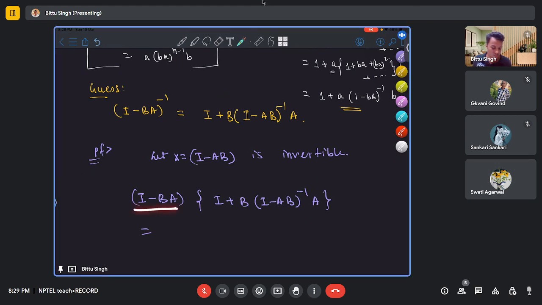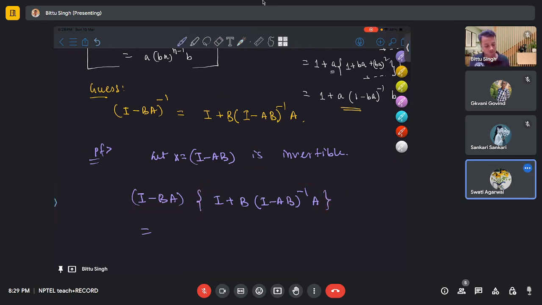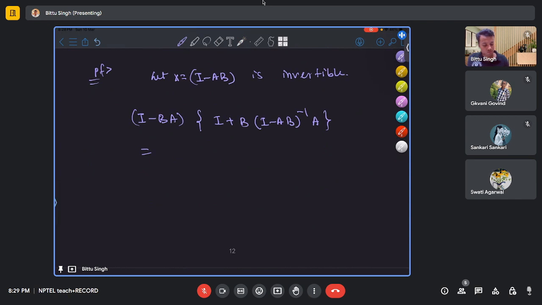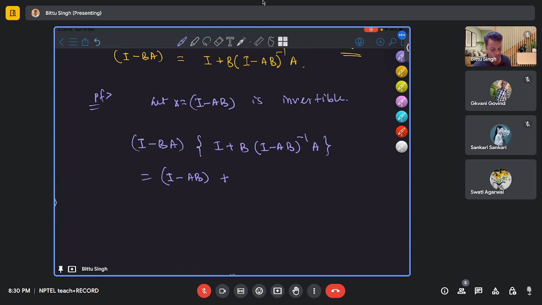We are proving this thing is invertible. So we need to find a matrix such that multiplying with that matrix gives identity. We are trying to prove this thing. Okay, so this is actually some algebra. We need to manipulate those things. If you multiply, this is I minus AB plus another thing will be I minus AB.